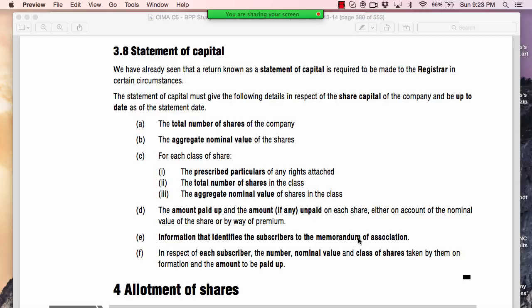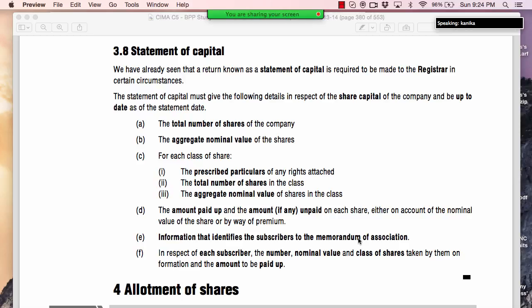In one page I can understand what types of shares the company has issued, how much money it has received from these issued shares, how much is outstanding, and what the rights of different classes of shares are. So I have a very clear view of this particular company's shares and how it is structured. This is what a statement of capital gives.